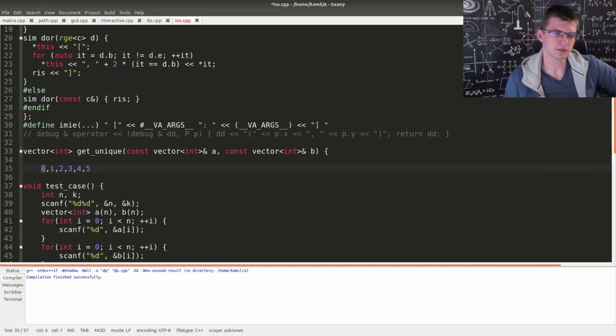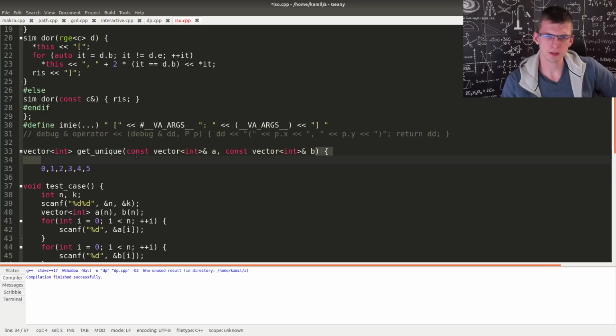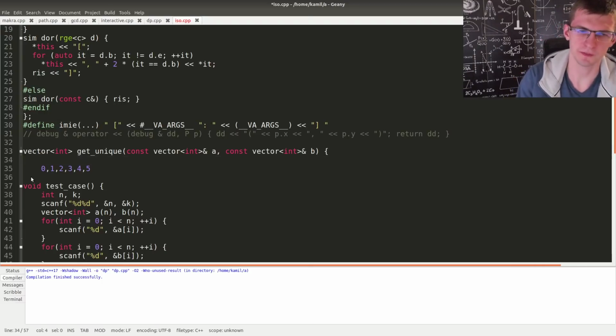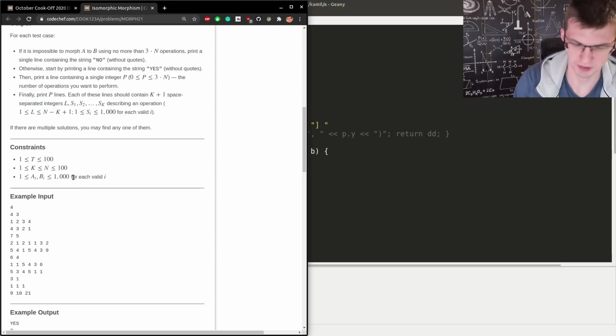I wanted this function to grab two current vectors and return 100 numbers that are different than those. It will help me a little bit if the numbers here were up to 1 million.